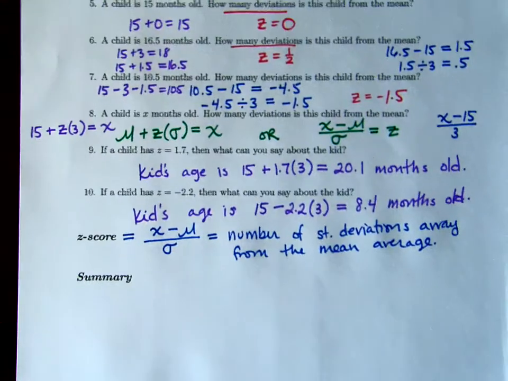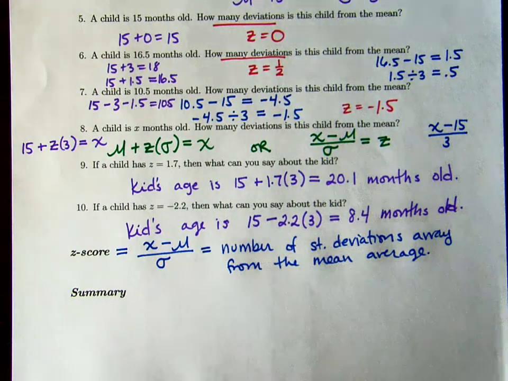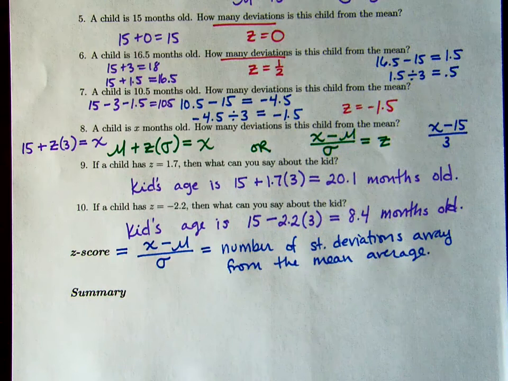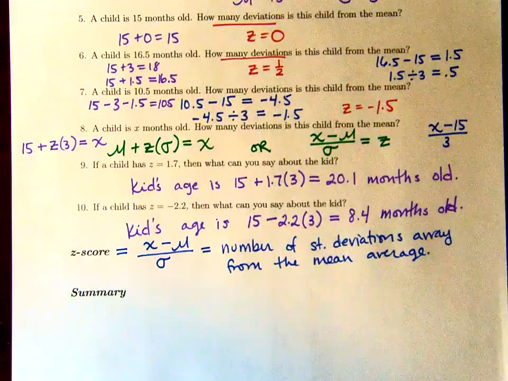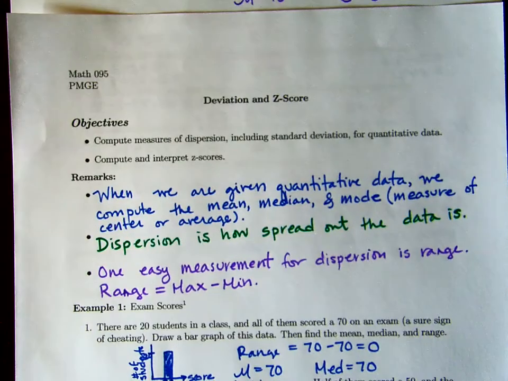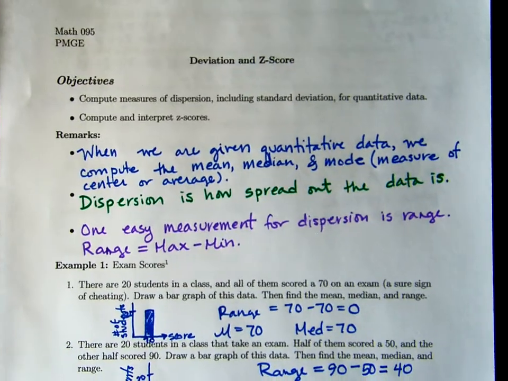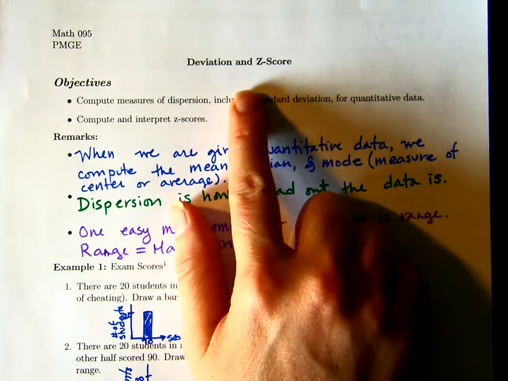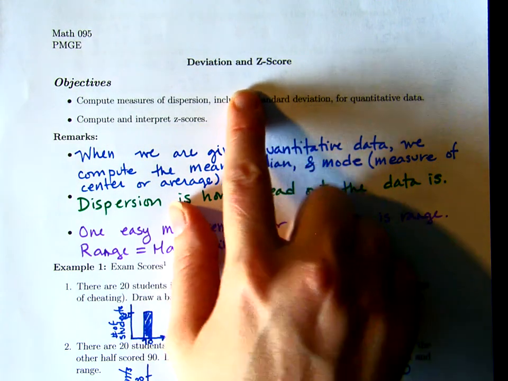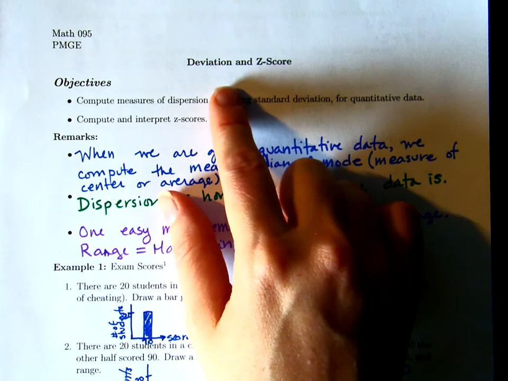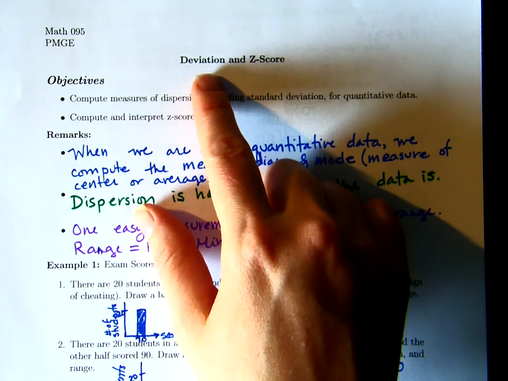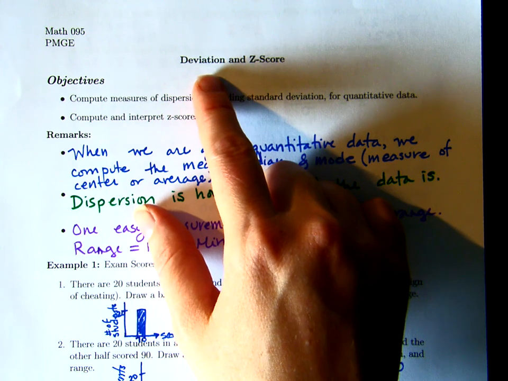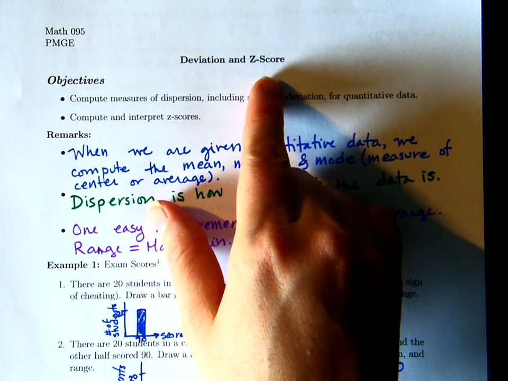So in summary, I would like to look back to how we started. We talked about the fact that section 2.7 is really talking about normal. And in order to talk about normal, I think you have to talk about deviation and Z-scores.